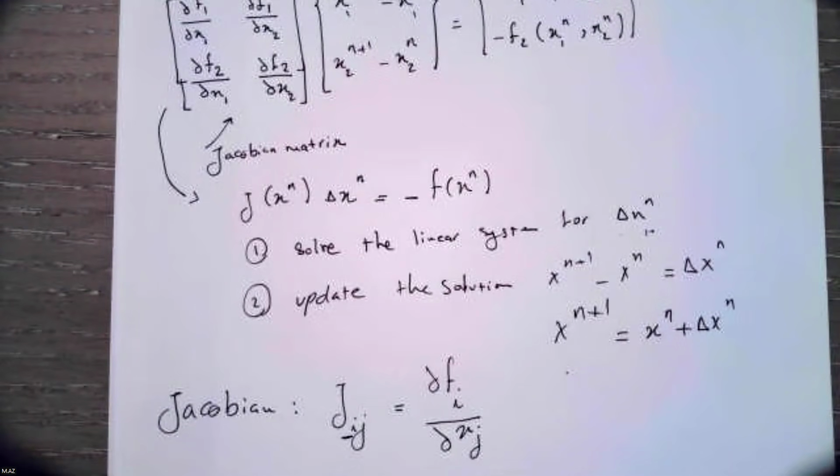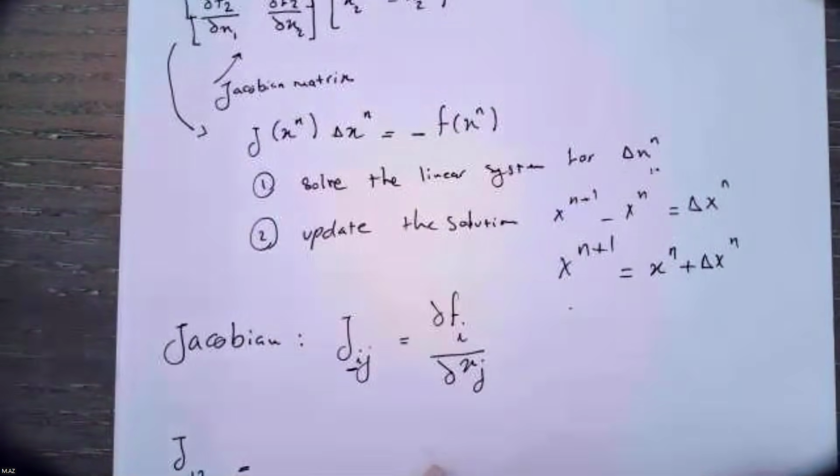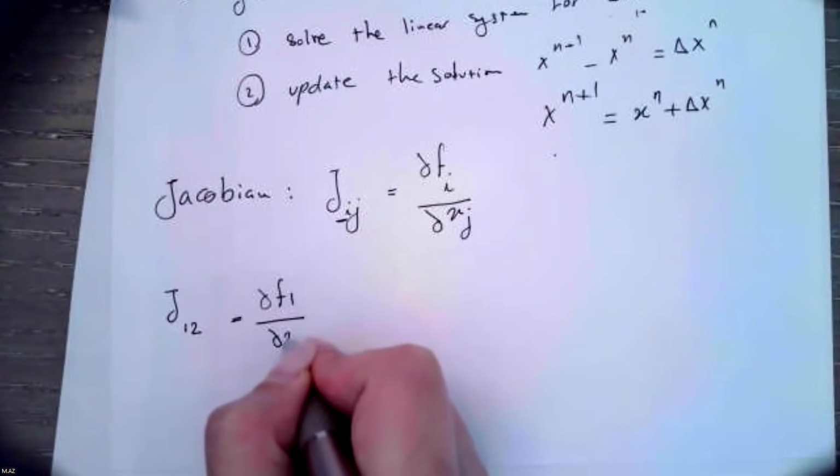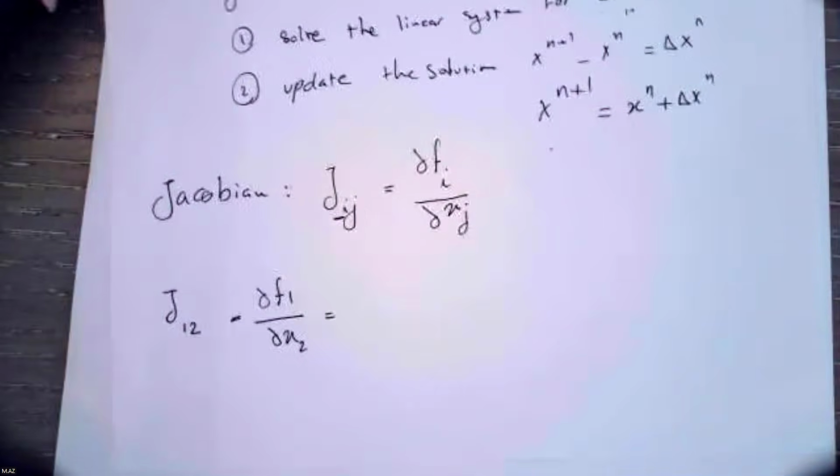We have to find J sub 1,2, meaning the partial derivative of equation 1 with respect to the second variable.